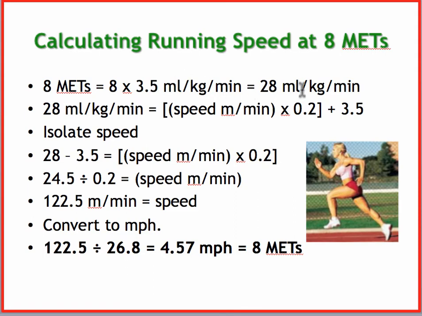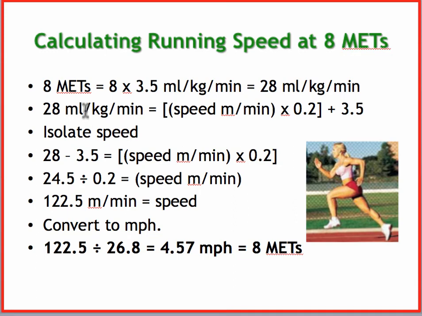Now you can put this into the ACSM running equation for oxygen consumption. You'll recognize this as speed times 0.2 mL per kilogram per minute plus the resting energy expenditure. This is if someone's running on a flat track, and this allows you to calculate speed.